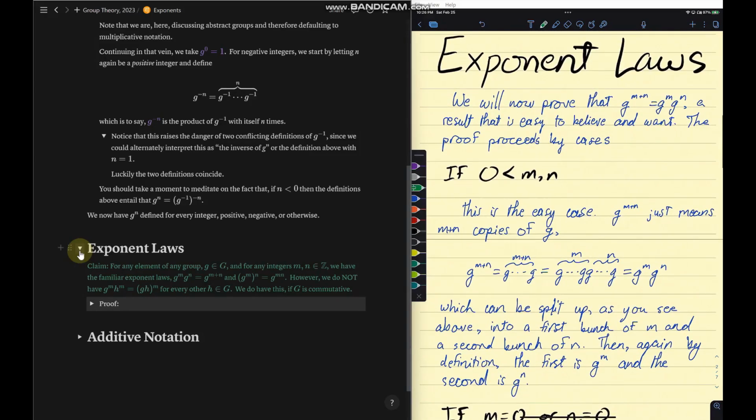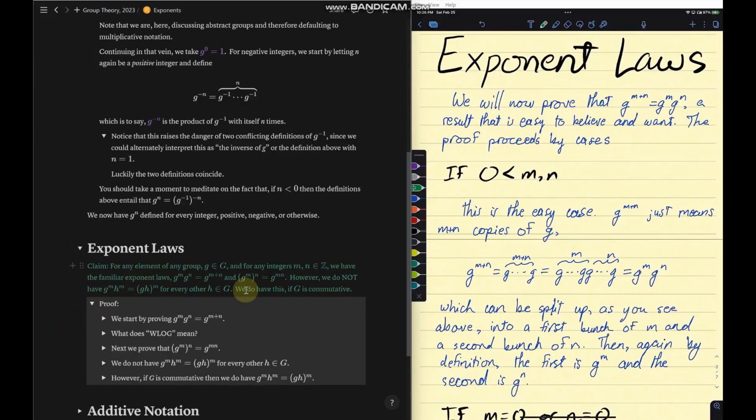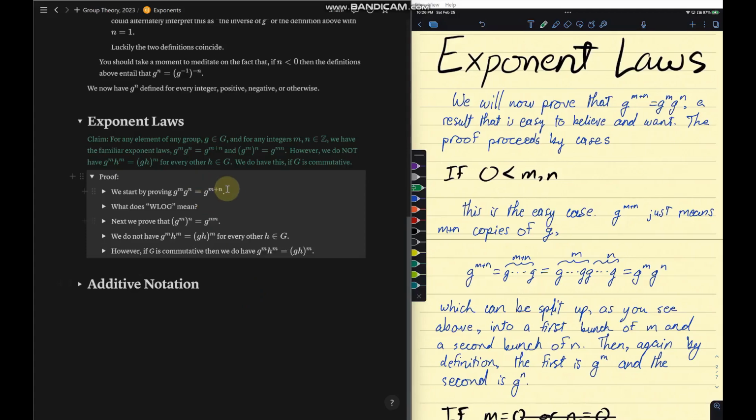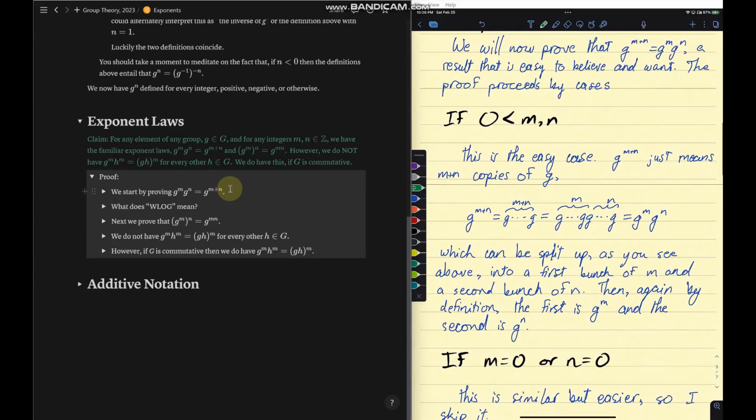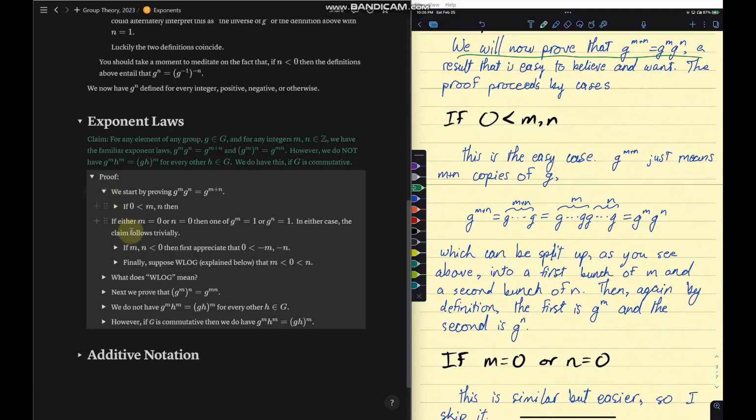Much of the rest of this video is about proving that the familiar exponent laws hold. We will prove this by cases, starting with g to the m plus n is equal to g to the m g to the n.